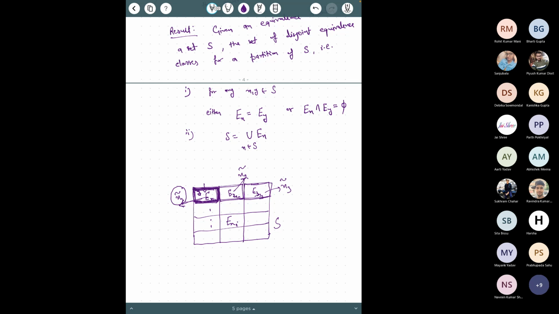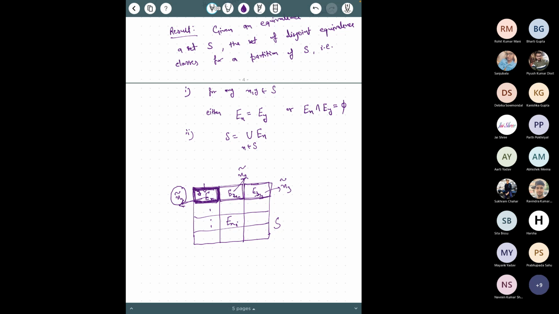Now the question is how to choose this representative in such a way that it tells us about these properties, or helps us find the properties of elements in a particular equivalence class. Finding a representative is sort of called a canonical form for this equivalence class.